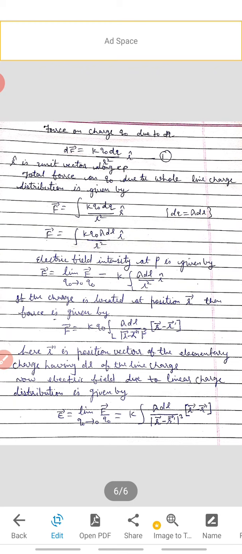So the electric field due to line charge distribution is given by E is equal to limit q naught tending to 0 of F divided by q naught, which is equal to k integration of lambda dl divided by modulus of (r minus r dash) whole cube into (r minus r dash). This is the equation for electric field due to a line charge or linear charge distribution.